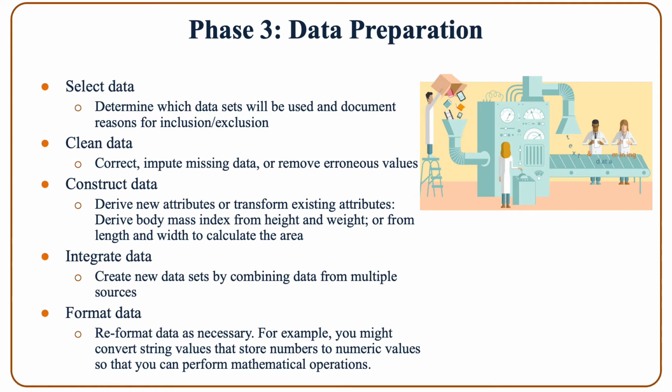In this task, basically you create new data sets by combining data from multiple sources. You would reformat data if needed. For example, converting string values into numeric values so that we can perform mathematical operations.